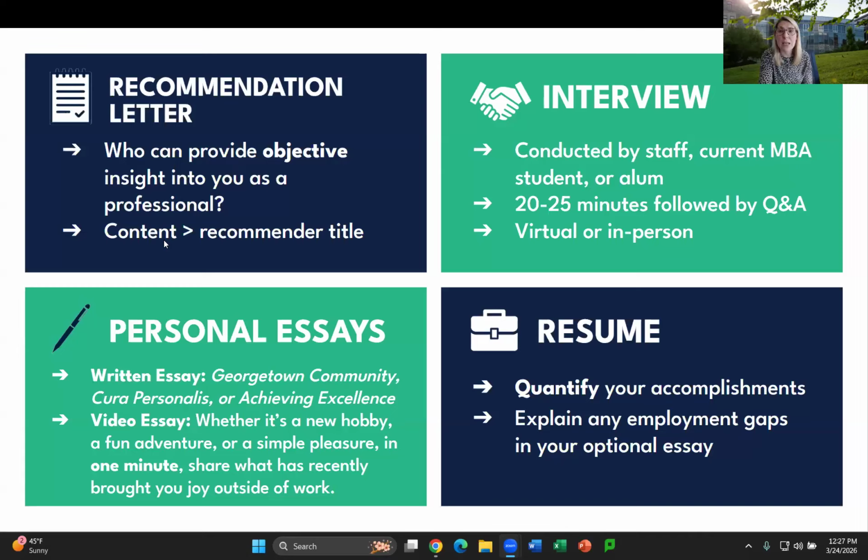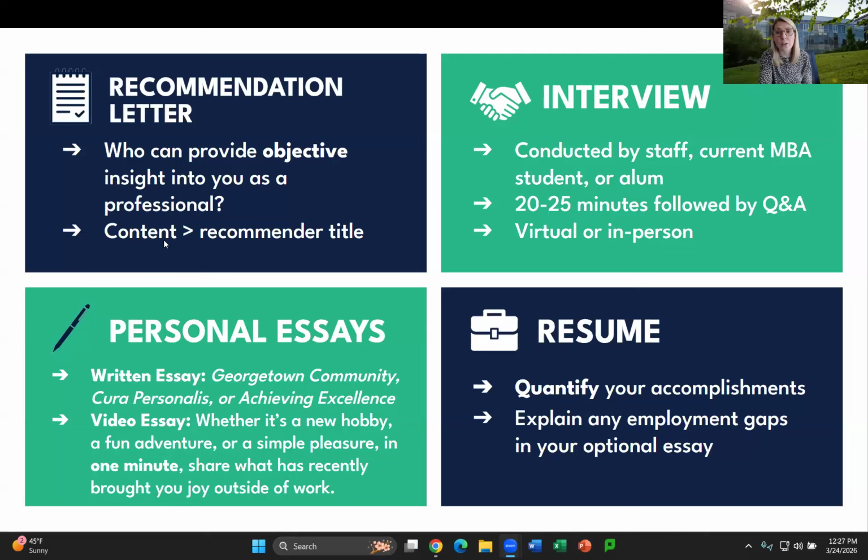And then the purpose of the interview, kind of similar to the video essay, is to humanize you, and to go more in depth. So to have a conversation around your goals, where Georgetown can fit into those goals. It's a behavioral interview.